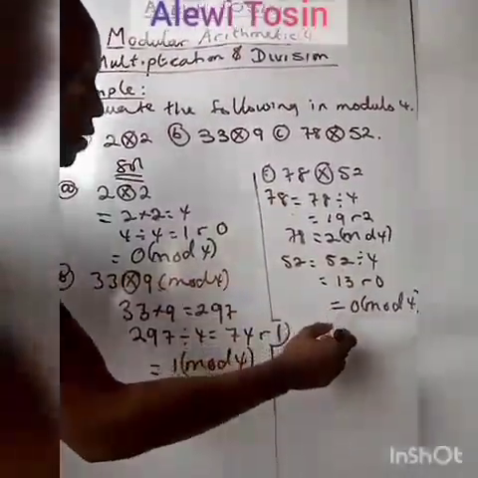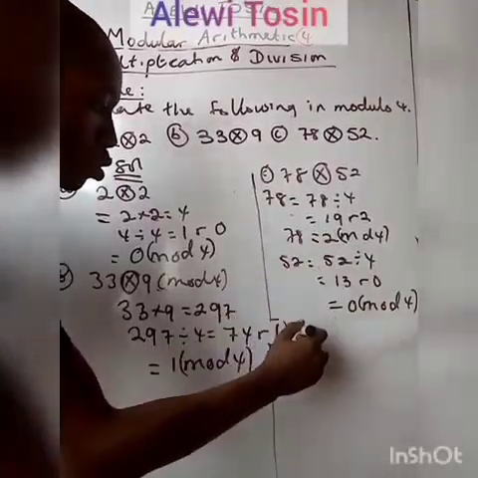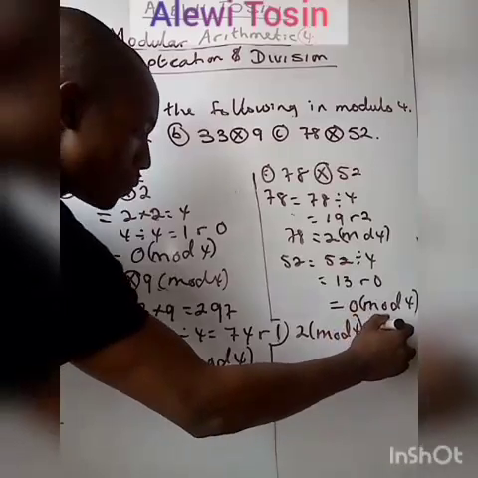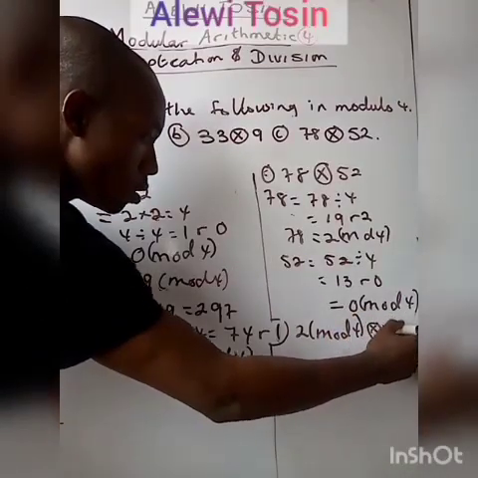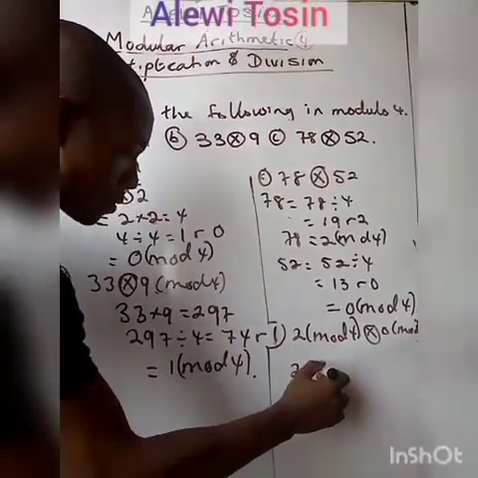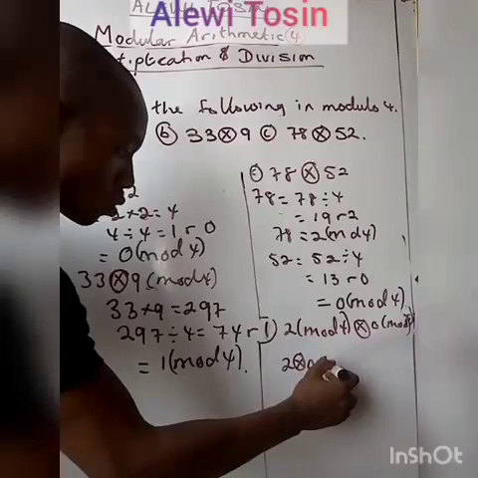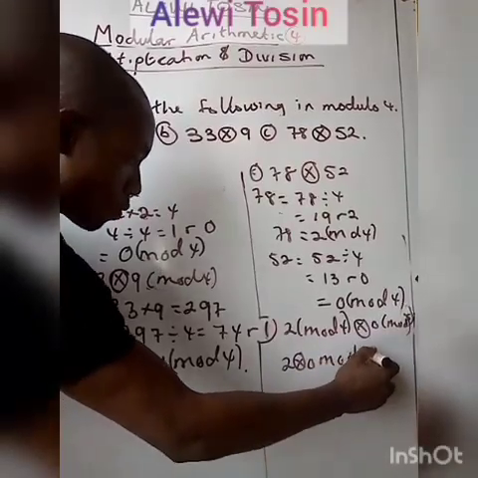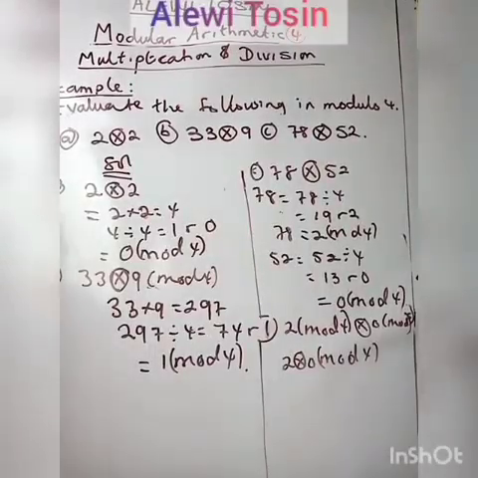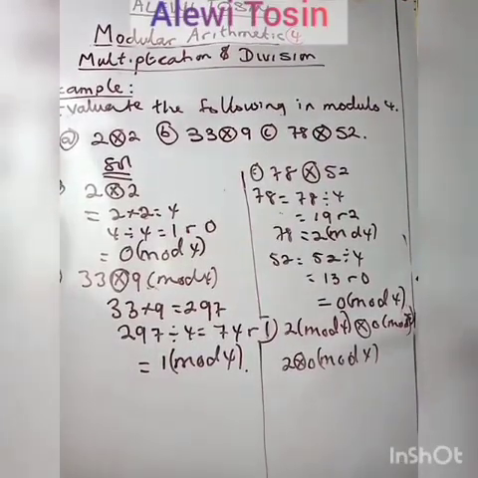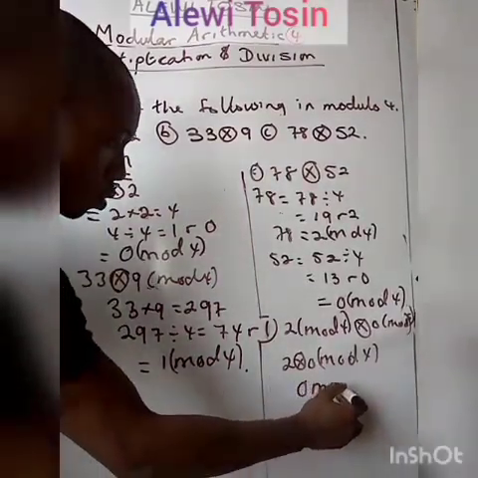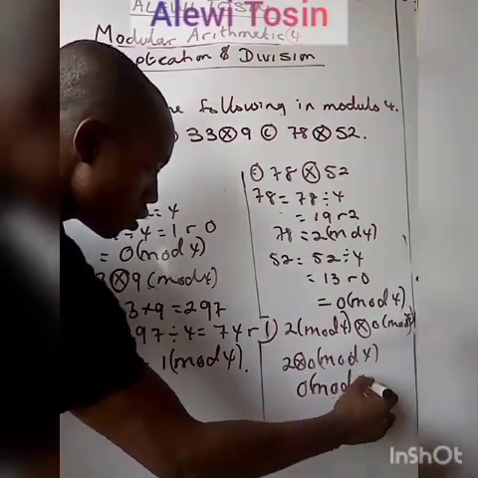Now, the first one says 2 mod 4 multiplied by 0 mod 4, which is like saying 2 times 0 mod 4. 2 times 0 mod 4 will give us 0 mod 4.